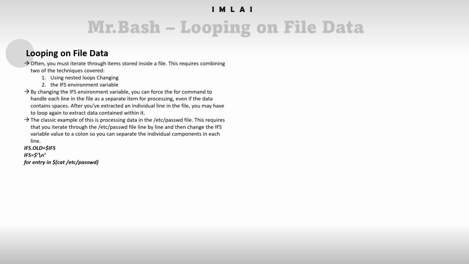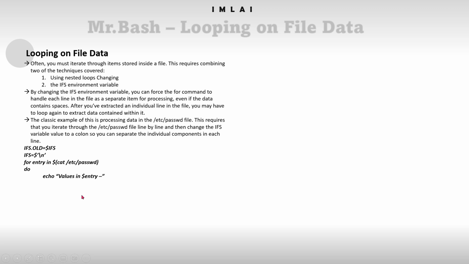And then for is our keyword, entry is our iterative variable, in is our keyword. Then after that we have a cat, and then /etc/passwd. That's where our file lies, so that's the location we have given.